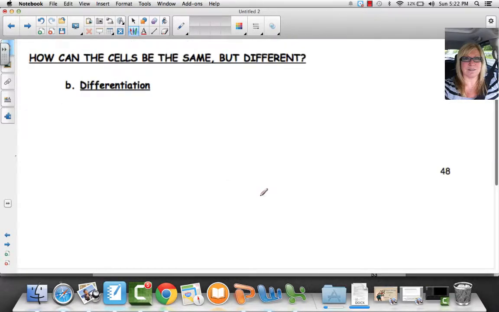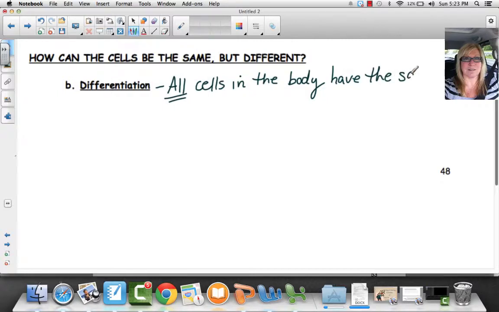Which brings us to differentiation. How can cells be the same but different at the same time? It almost sounds like an oxymoron. So we first have to know that all cells in the body have the same 46 chromosomes.